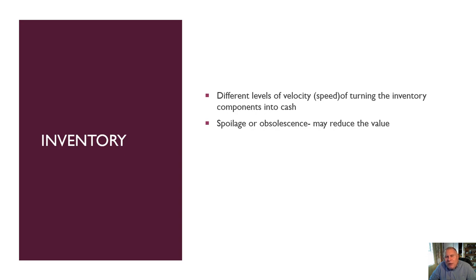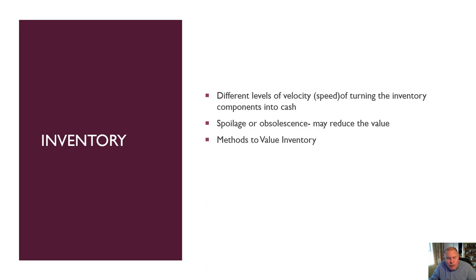So that had very little value, yet it was carried on the books at its full value as finished goods. So we often have obsolescence, that it doesn't sell. And that's normal course of business, but it's always a question: what is the value of that inventory? You need to be aware of that.